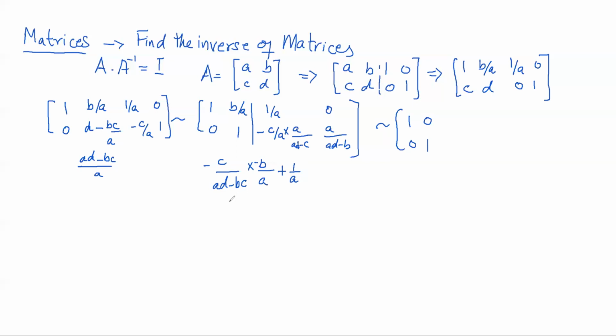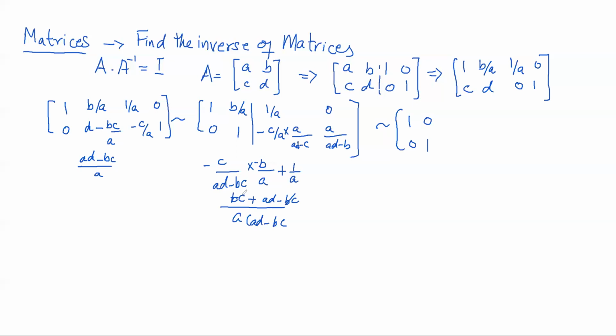So what I will get is a little bit complicated over here. A into AD minus BC, so it is BC plus AD minus BC.